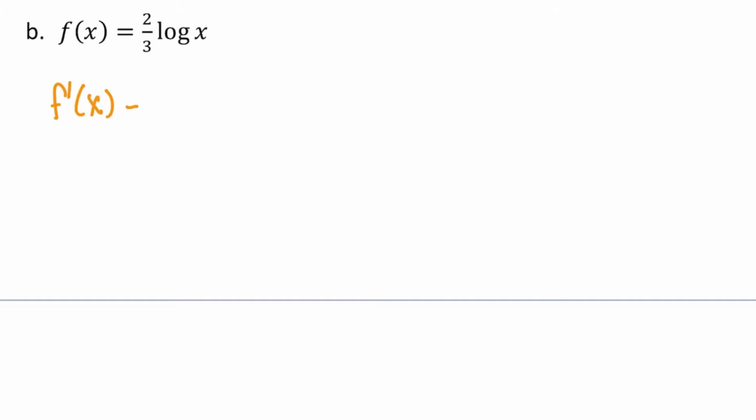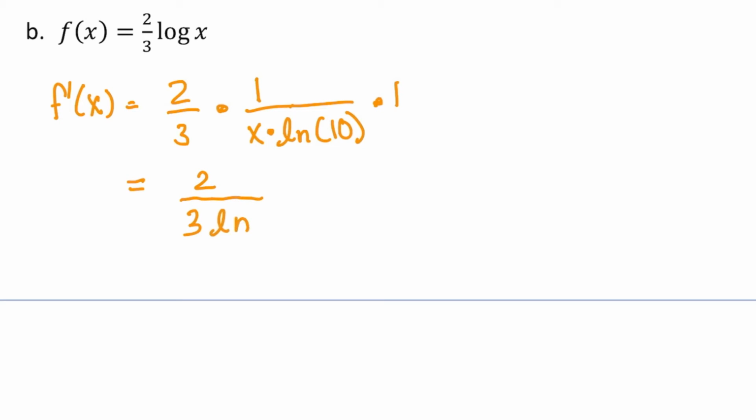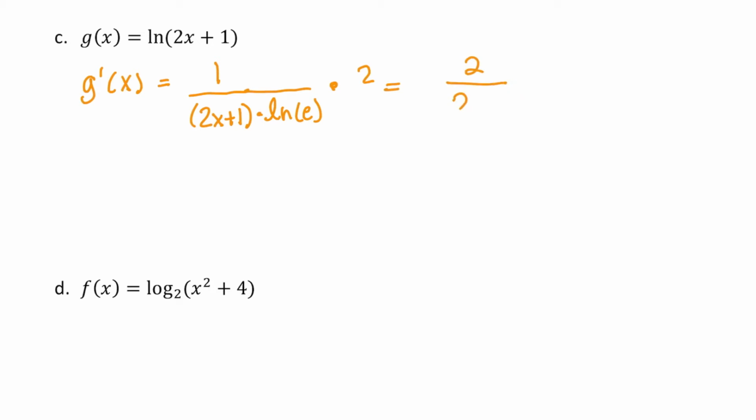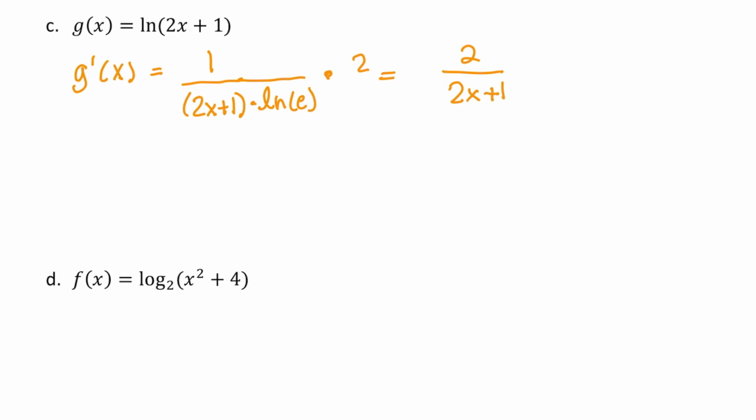Similarly, f prime of x here is going to be 2/3 times 1 over x times natural log of 10, because this is a log base 10, times 1, which is just going to give me 2/3 and then natural log of 10 and an x in my denominator. All right, one more and then I'll have you try one. So 1 over my inside times natural log of base e times the derivative of 2x plus 1 is 2. So 2 over 2x plus 1.